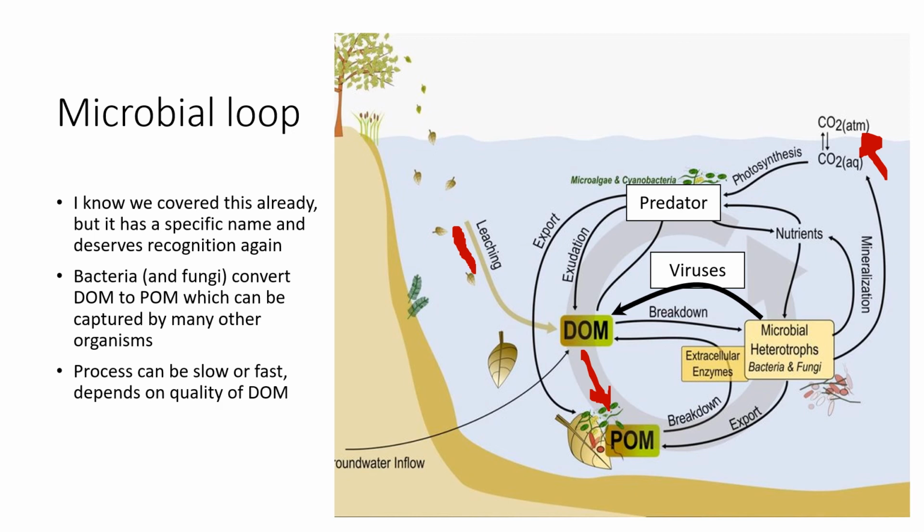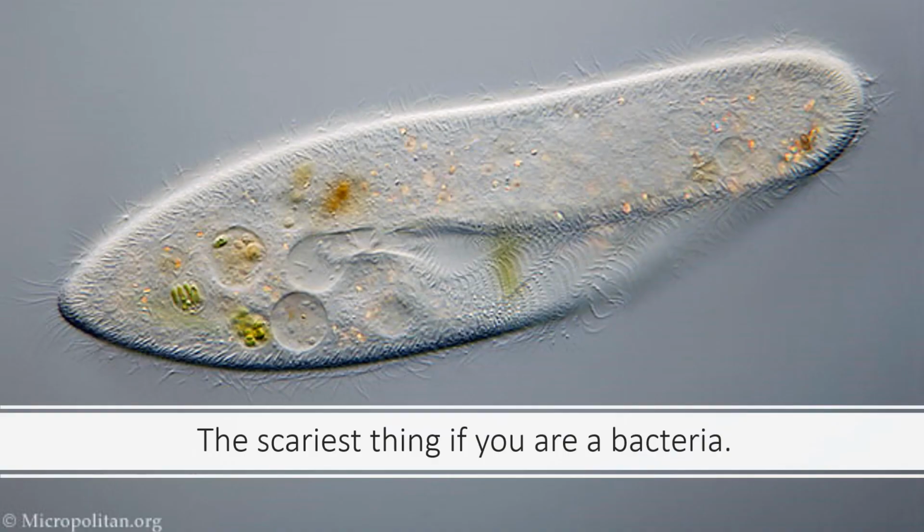In addition to that, bacteria are also consumed by a wide range of things, including things like protists, which are eukaryotes, or cells with nuclei. And protists are very happily spinning around, nibbling away on the bacteria. So if you are bacteria and you see something like this guy shooting around, that's really terrifying, because this guy spends his entire day doing nothing but eating bacteria, and that's converting POM back into POM within the body of this protist, but also it's producing DOM and CO2, which is being released into the water column.